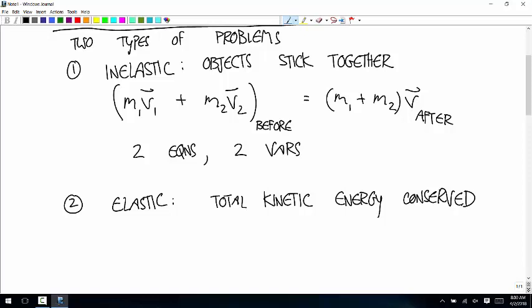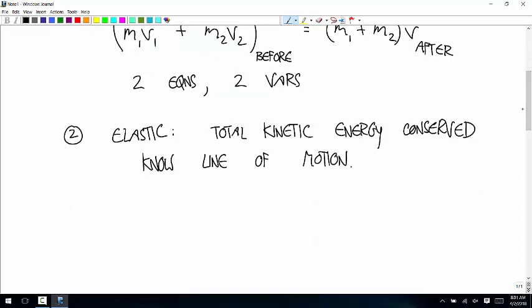And in this one, we always have to know the line of motion. I think a good way to do this is set the x-axis along the line of motion.